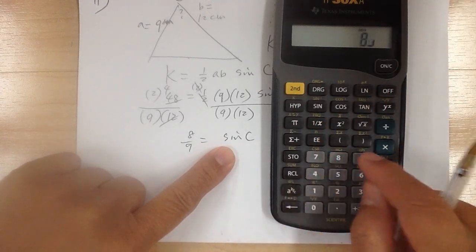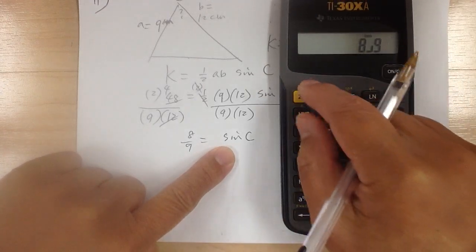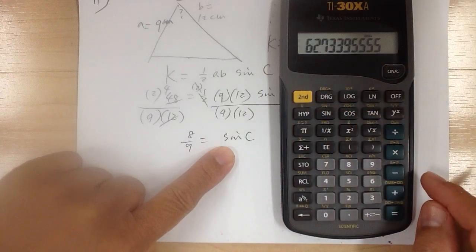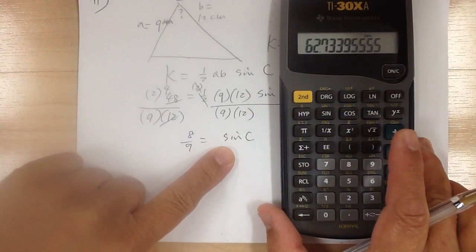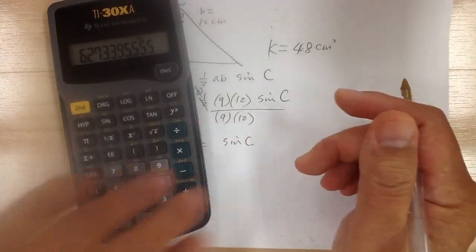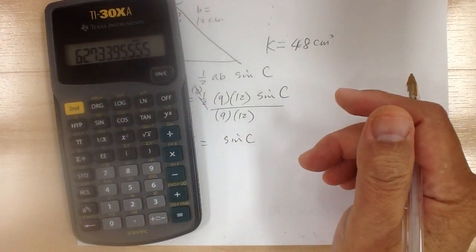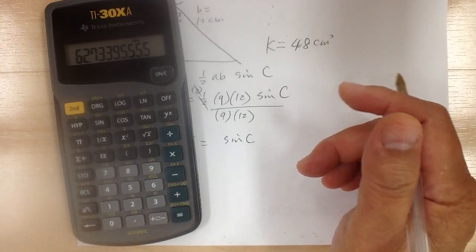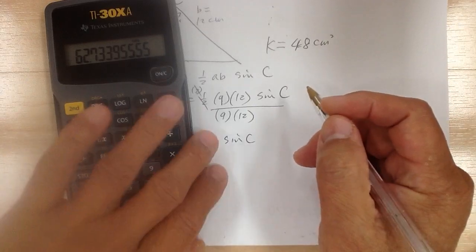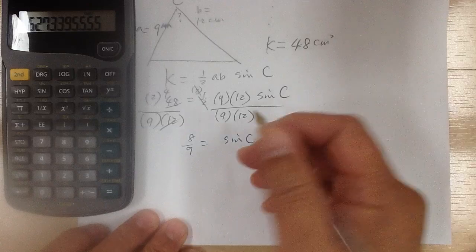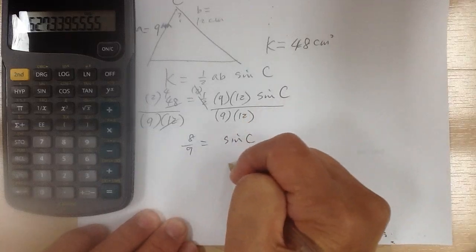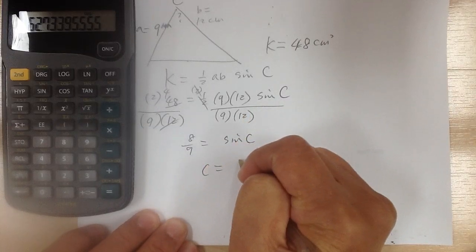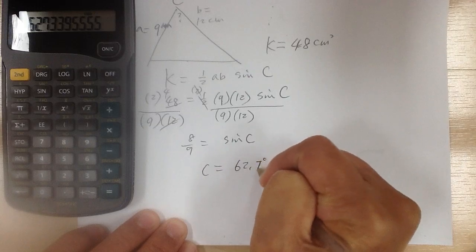So 8/9, and you go second sine. And so you're going to get C equal to 62.7 degrees.